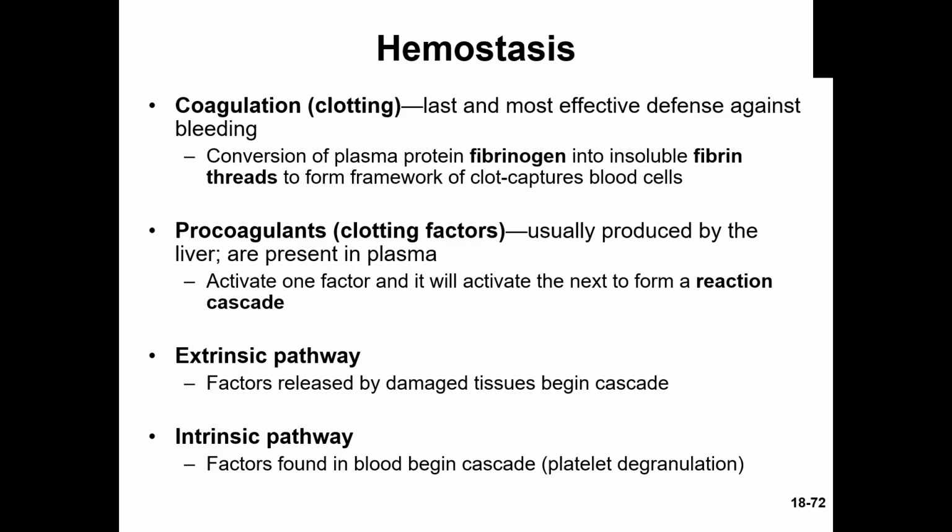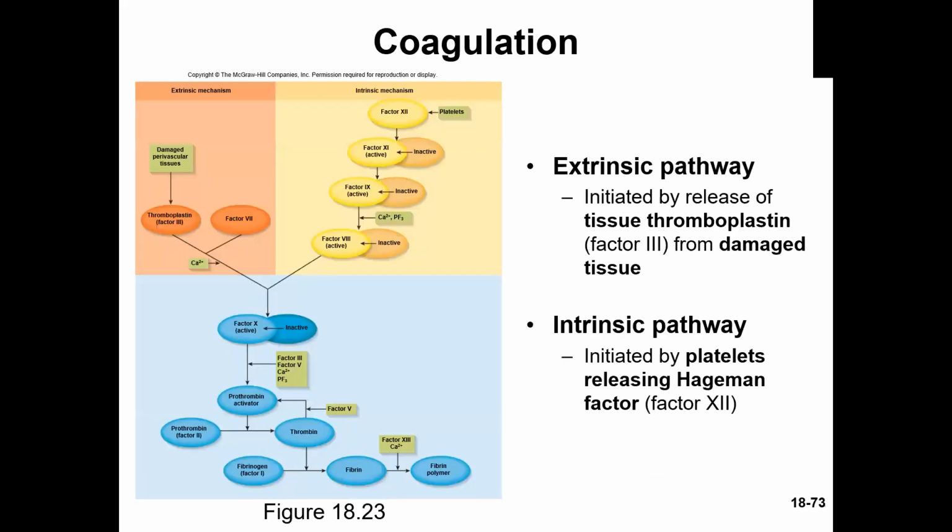The intrinsic pathway is involved in hemostasis and coagulation. These are the factors found in the blood. So like we just talked about how the platelet gets degranulated within the plasma, that in and of itself is what we classify as an intrinsic pathway.